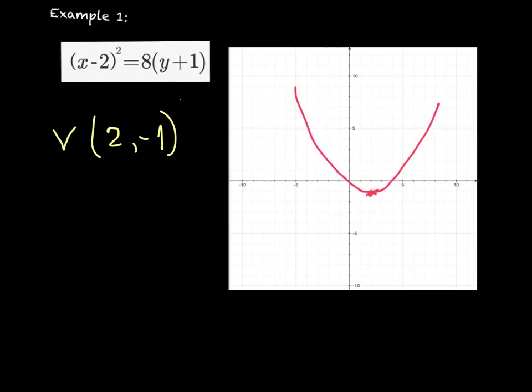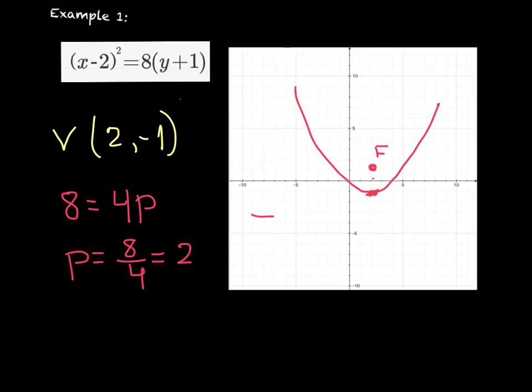So it opens upwards. And for the focus, 8 equals 4p, so p, which is the distance, is 8 over 4. So p equals 2. From the vertex, we move 2 units up, and this will be the focus. And also from the vertex 2 units down, it will be the directrix.